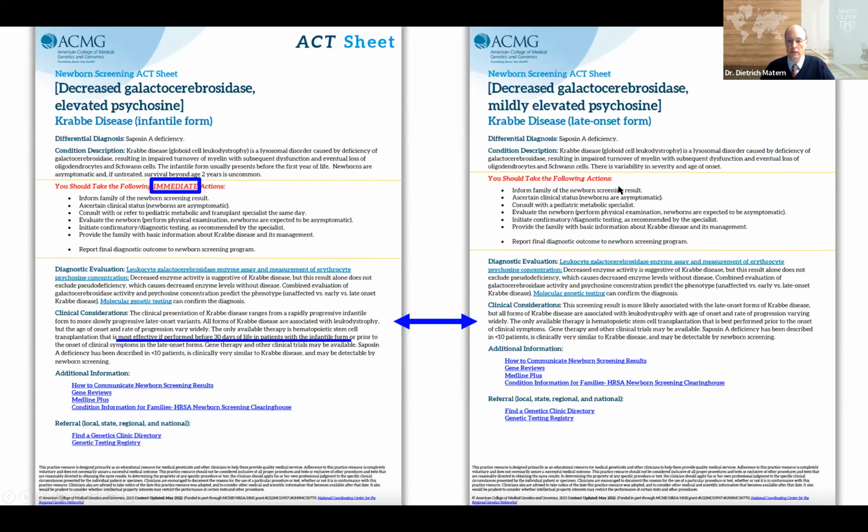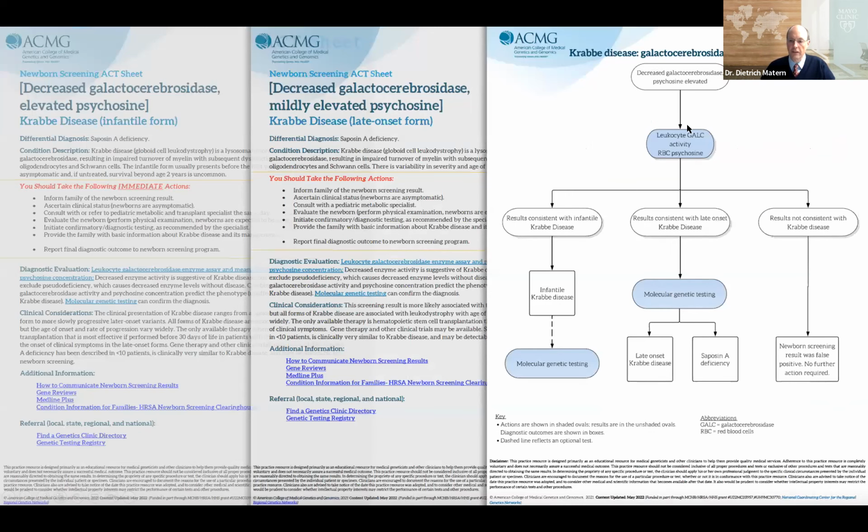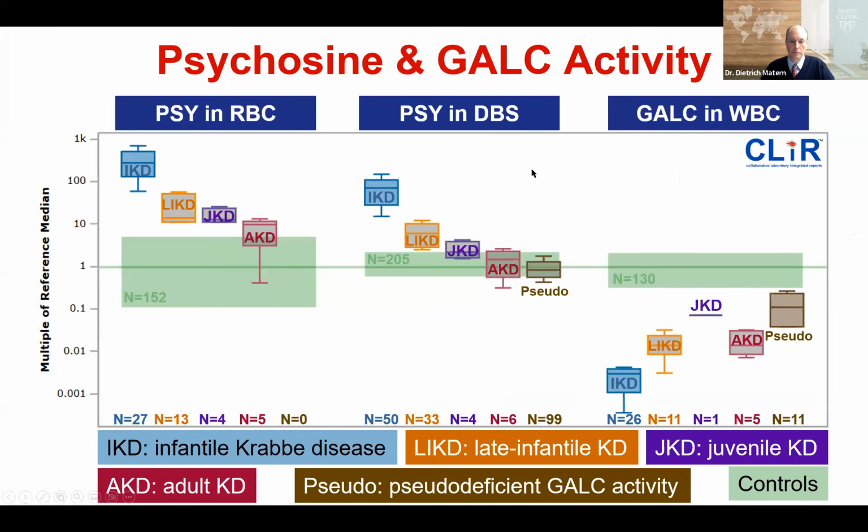And then the other one, again, gives you more time, but is something that also needs to be addressed. And finally, a follow-up algorithm was developed, which is very similar to the one that we published, to figure out what is going on. So something that should help the primary care provider in triaging this baby appropriately.